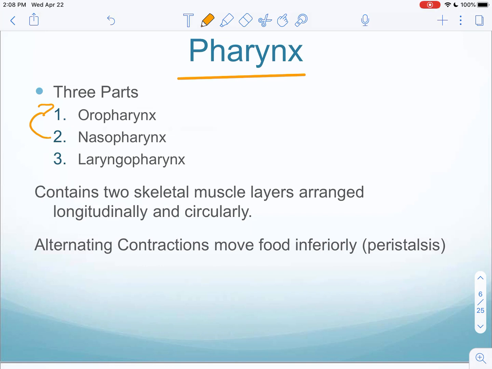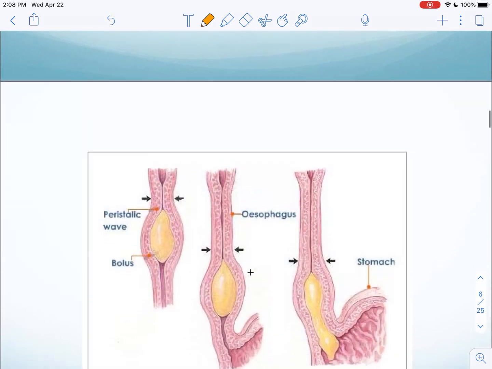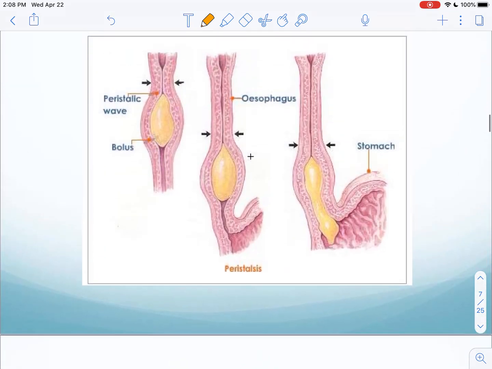They do contain skeletal muscles that you can control to allow for the swallowing action, the swallowing muscles. And then food will move by peristalsis, which we're going to talk about here. So this is what peristalsis looks like. It's a wave-like motion that moves material from one end to another by alternating contractions.